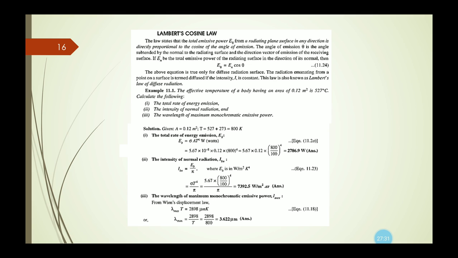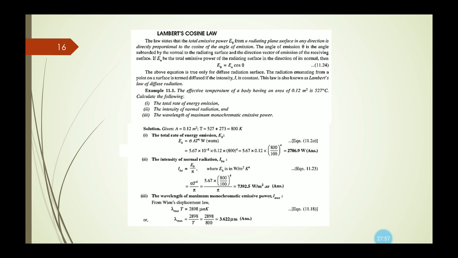Then different laws regarding radiation heat transfer we have studied: the Stefan-Boltzmann law, Kirchhoff's law, Planck's law, Wien's displacement law, and Lambert's cosine law. So these five different laws and their mathematical representations we have seen today.